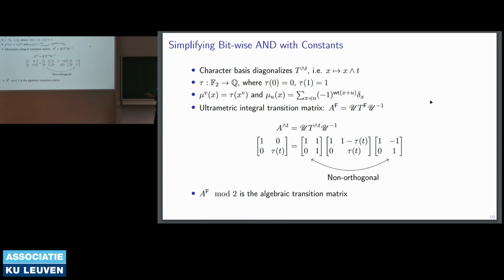What you might notice is that if you take these change of basis matrices modulo 2, you get the binary Mobius transformation, which means that our ultrametric integral transition matrix modulo 2 is the algebraic transition matrix, which we defined in an earlier work where we still worked over F2.